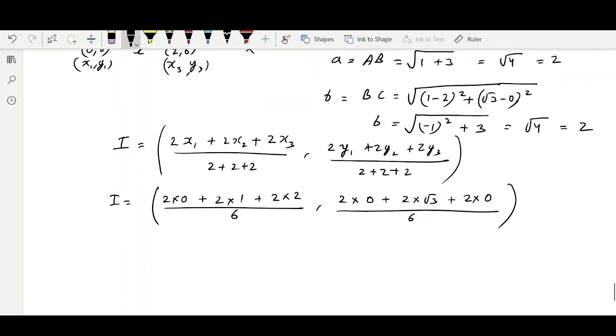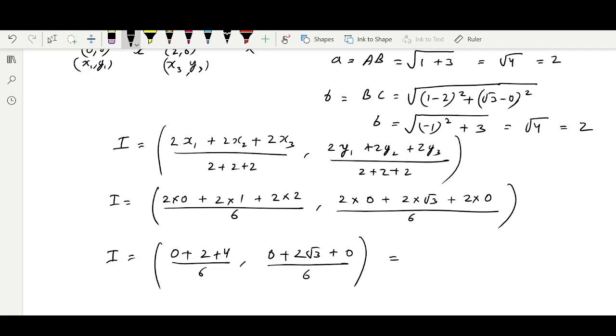Now this will turn out to be 0 plus 2 plus 4, that is 6, by 6, comma 0 plus 2 root 3 plus 0 by 6. 6 by 6 is 1, so this becomes 1 comma 2 root 3 by 6.